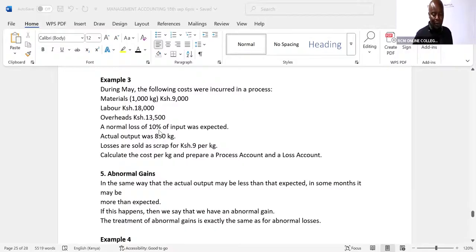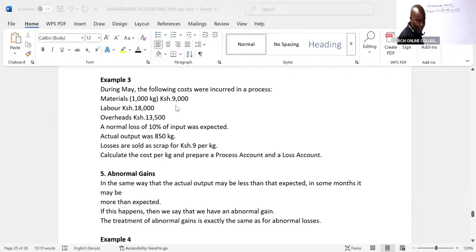Yes, we should develop what we call a throughput account, which is an account that gives us the movement of units. Very, very important: a movement of units account.